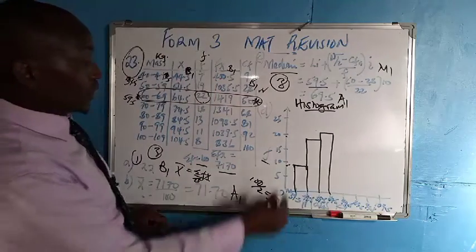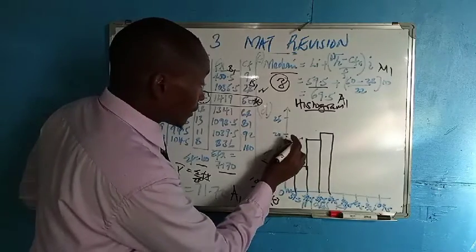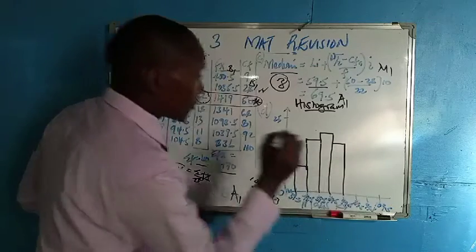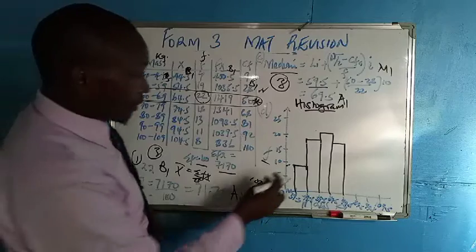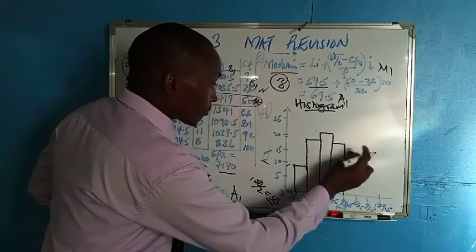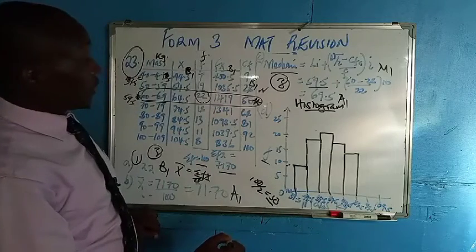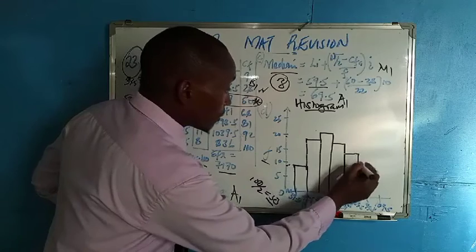So that is 22, somewhere there. Then 18 is the next, somewhere here. Then the next one, 13, somewhere here. The other one is 11, slightly above 10.